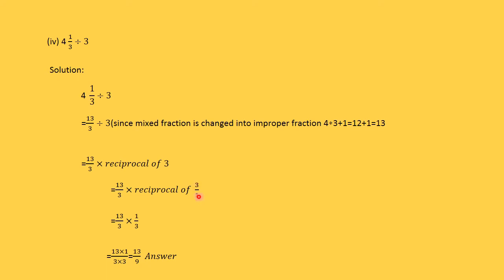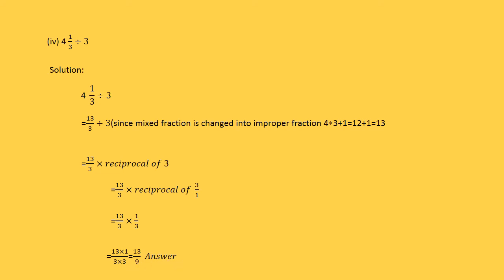So 3 is equivalent to 3 upon 1, and the reciprocal of 3 upon 1 is 1 upon 3. So 13 by 3 into 1 upon 3 is equal to 13 ones are 13, 3 3s are 9. Numerator into numerator, denominator into denominator. So 13 by 9 is the answer.